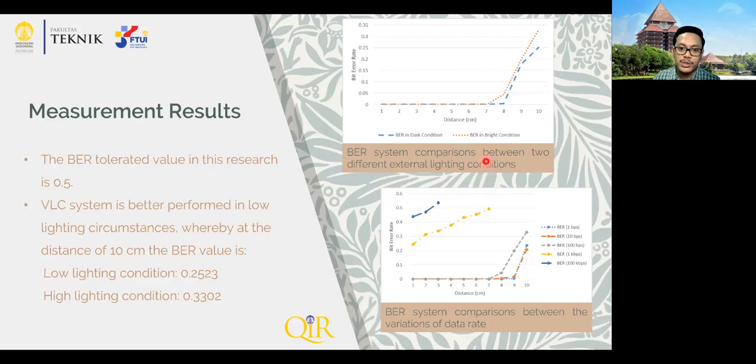So when the experiment is carried out in high lighting intensity circumstances, there is a tendency that the system will identify the external lighting as an optical signal and interfere with the reception of the optical signal from the transmitter.